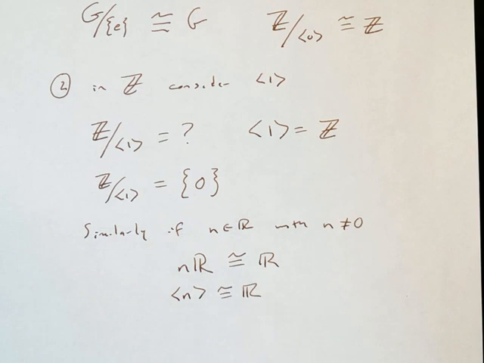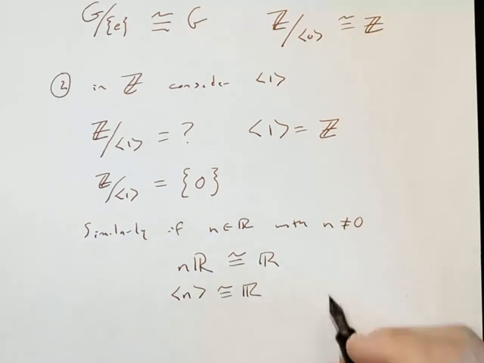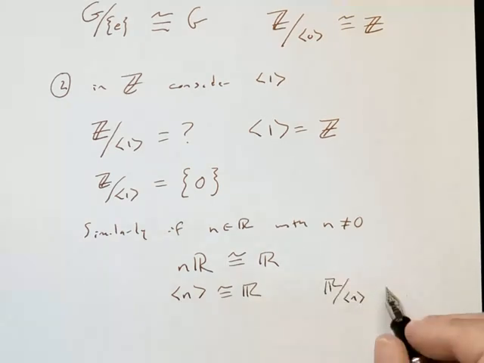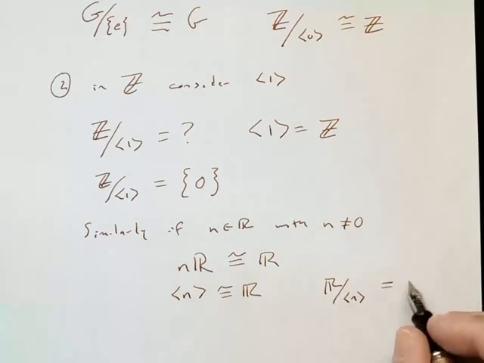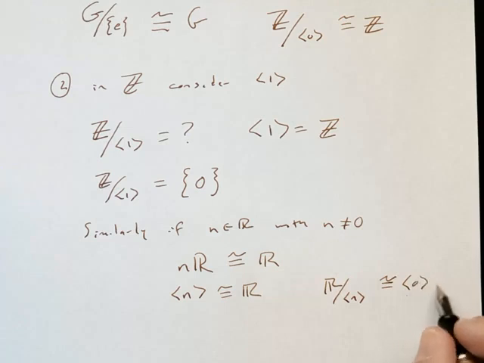In other words, not only are the real numbers generated by any real number, they're infinitely generatable, uncountably infinitely generatable. That's disgusting. But that also means that R mod the subgroup generated by N is trivial. There's only one coset.